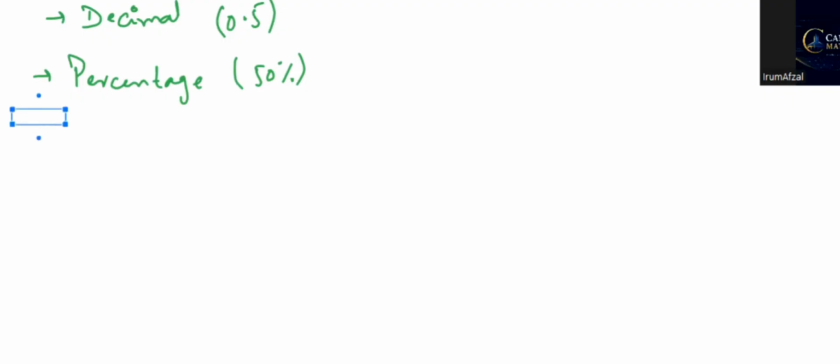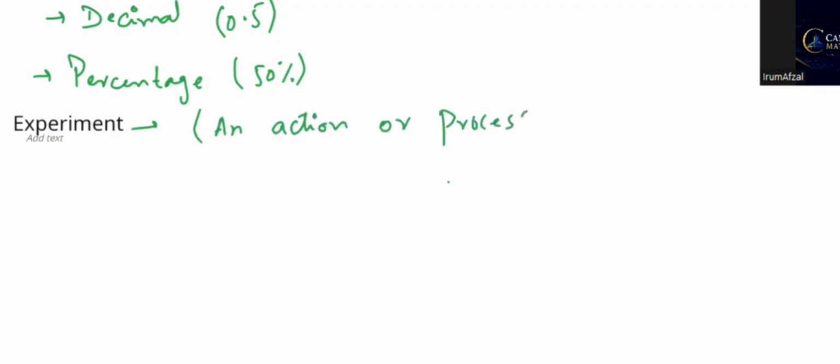From the term you can easily get the idea: if we have some action to process, that action is called an experiment. So an experiment is an action or a process that we apply, and it produces an outcome.